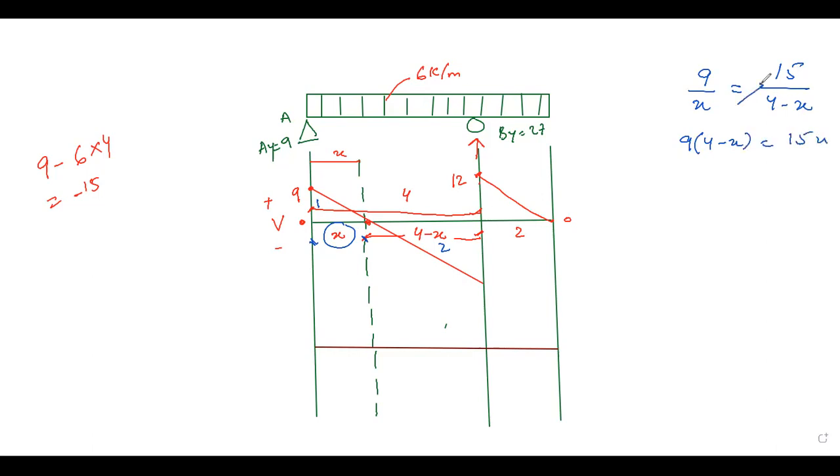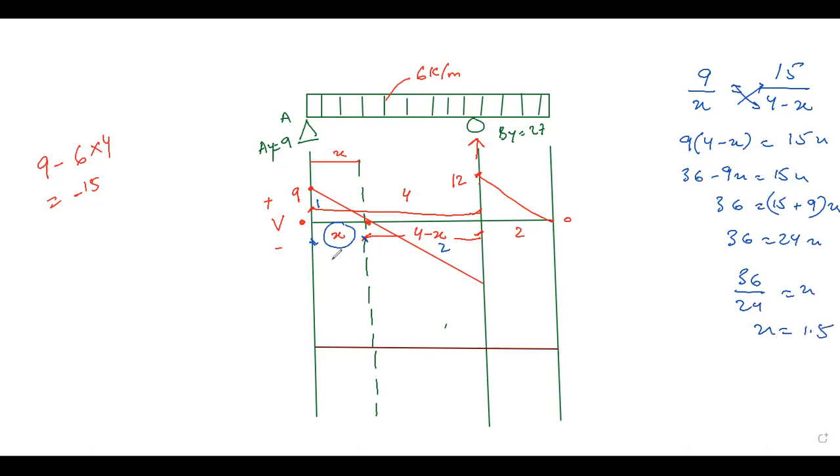Then 36 minus 9x is equal to 15x. Then 36 is equal to 15x plus 9x, so 36 is equal to 24x. Then 36 divided by 24 is equal to x, so x will be 1.5.